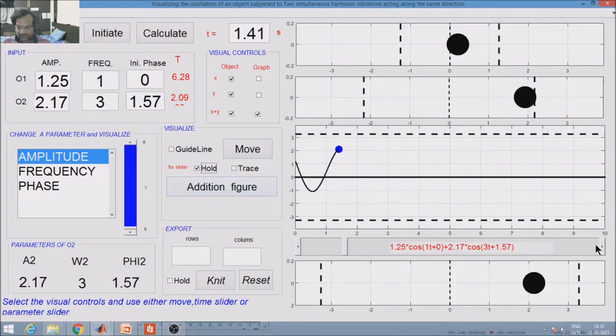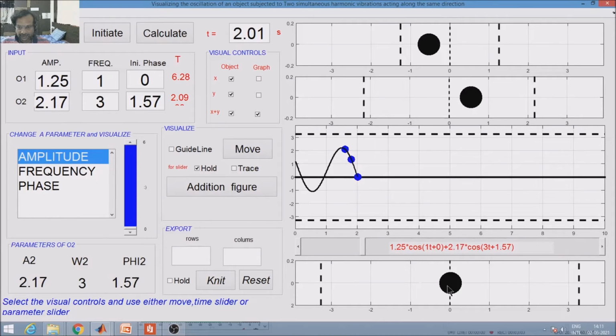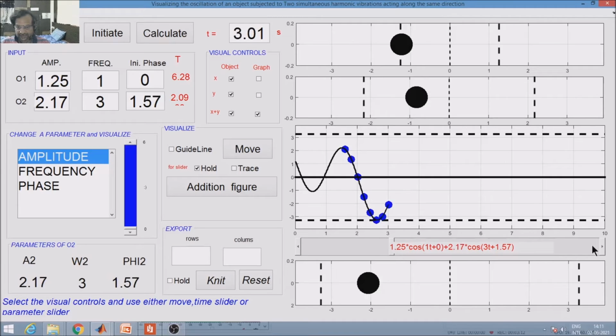Let us hold. Again at this 0, going to -3 point something, crossing this 0 position.